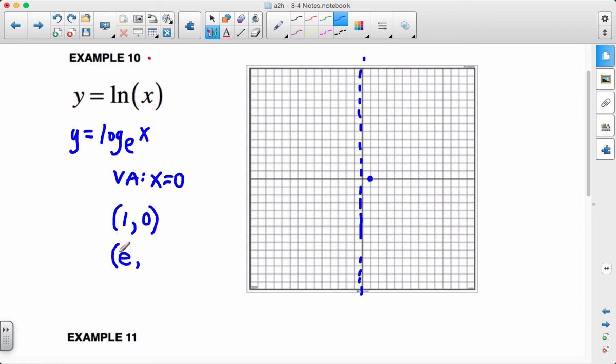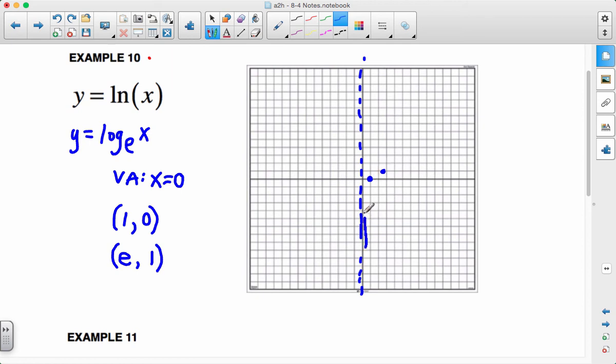Do not write 2.718. Write the letter e there. And then log base e of e is 1. Now when you go to plot the point, you're going to have to know that's 2.718. So you go over 2.7, up 1, and you have that point right there.